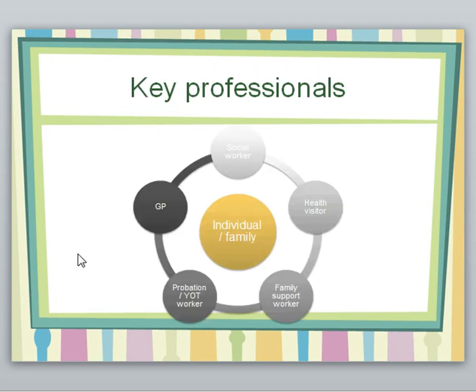But just to give you some ideas of who may support individuals and their families, it may be a social worker, it may be a health visitor, maybe a family support worker, there may be some form of justice worker involved, so whether that's the probation service or the youth offending team, also health services, the general practitioners, and there may be specialist nurses involved. The support of professionals to individuals and their families can be quite extensive.